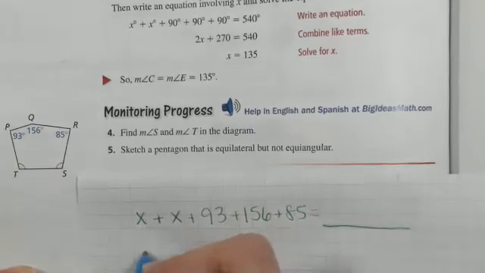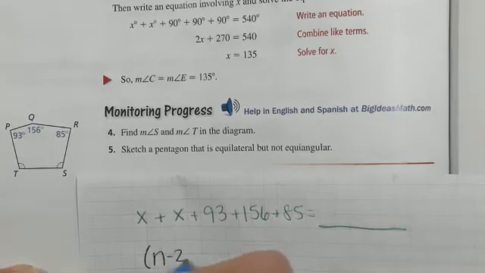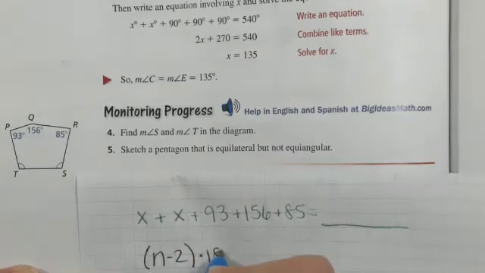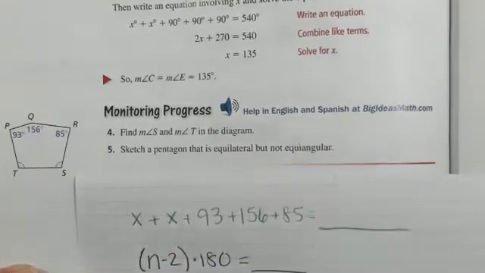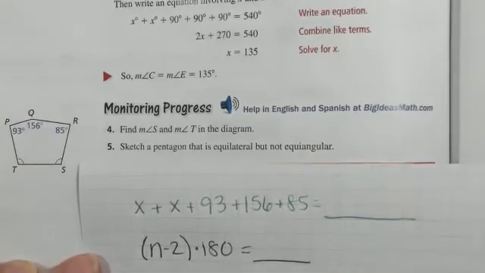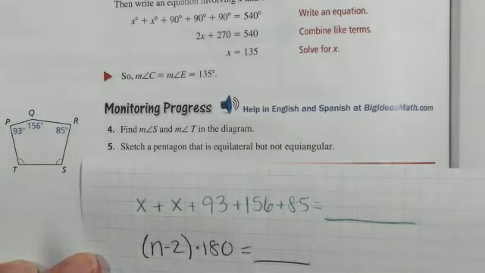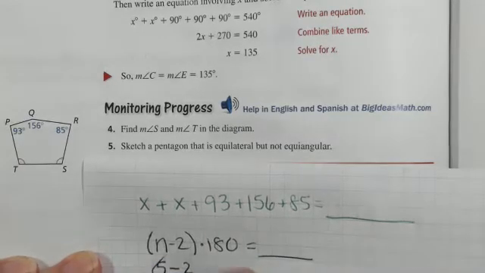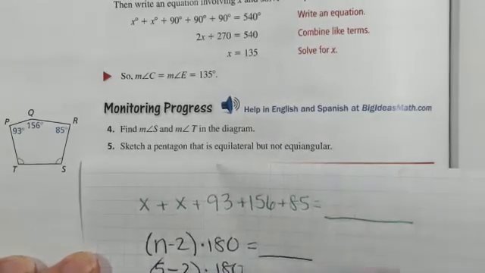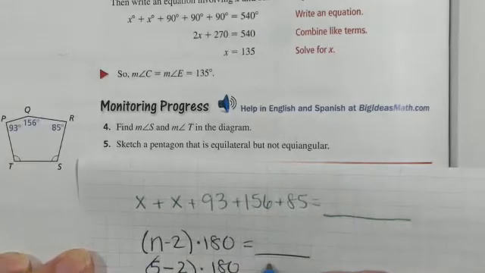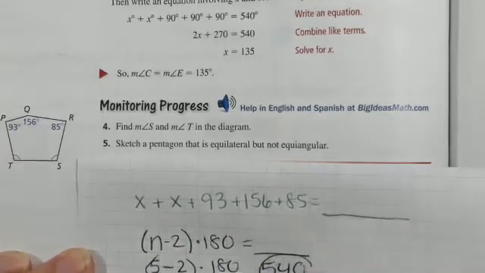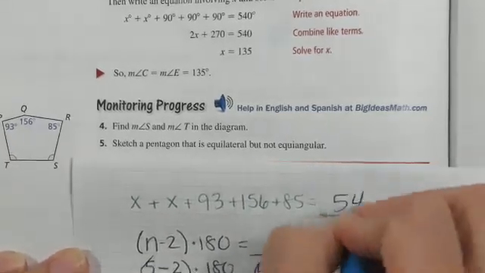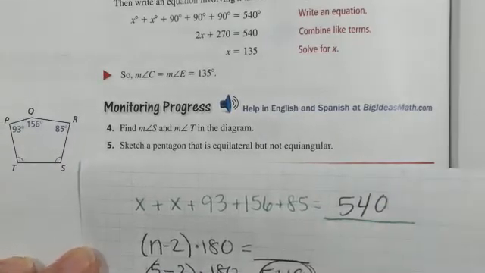Let's find out. We have n minus 2 times 180 equals what we need to know for our total interior angle measure. How many sides did we say? 5 sides, so 5 minus 2 times 180 is going to give us 540 degrees. So up here, this has to equal 540 degrees.